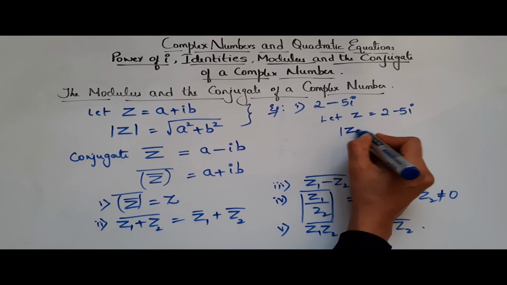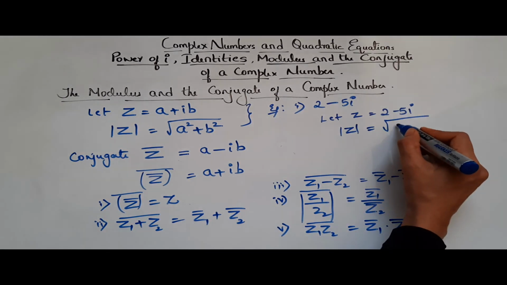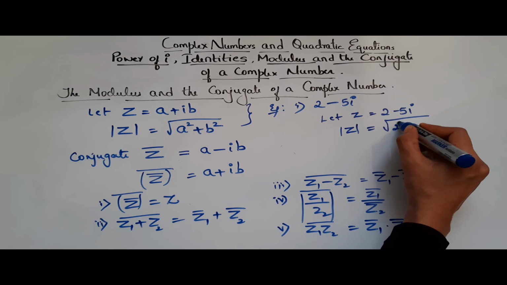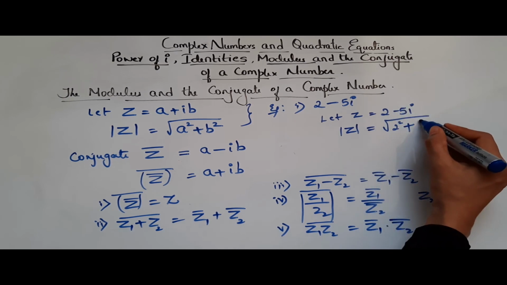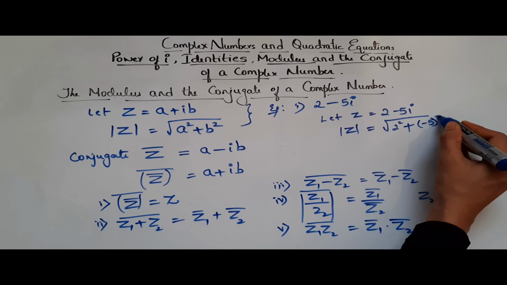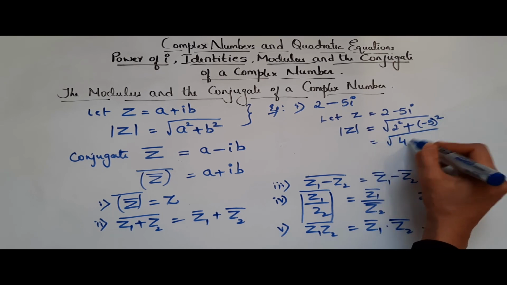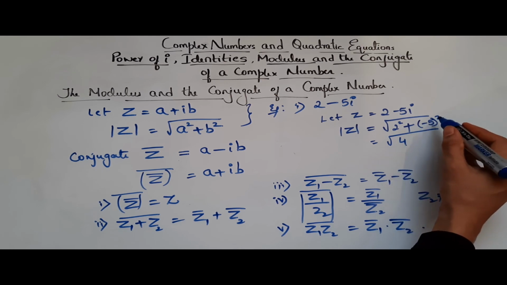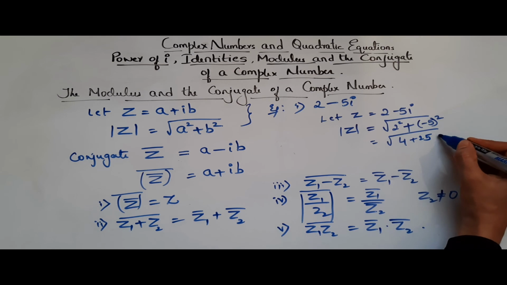So mod z is equal to the square root of 2 squared, a here is 2, plus b squared, what is b? Minus 5, so (-5) squared. 2 squared is 4, and minus 5 squared, minus of minus is plus, 5 5s are 25. So 4 plus 25 will give you root 29.